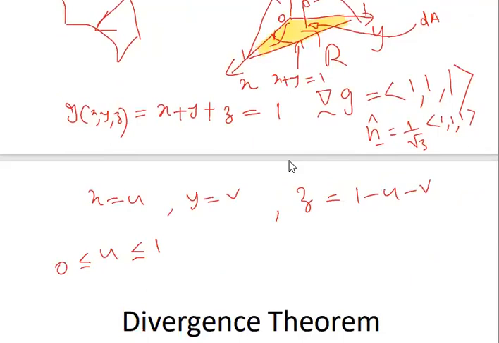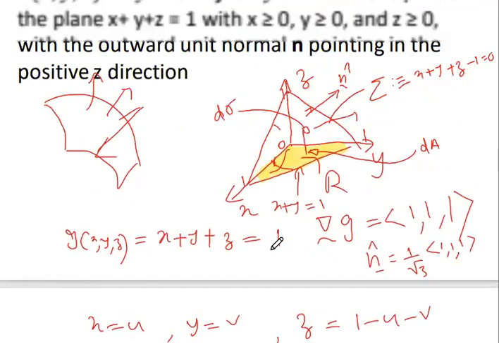So v varies from 0 to 1 minus x, where x is equal to u. So these are the boundaries of u and v. Right, we identified that one, and we know the conversion.